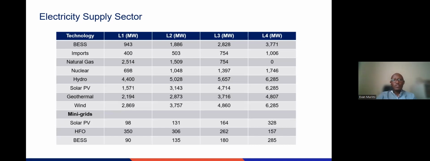So for instance, if you look at the natural gas, at the base case or business as usual, we would start with around 2,500 megawatts, but for us to be very ambitious, then we'll not have any of that. Whereas for renewable energies, we expect us to increase that in the electricity supply.